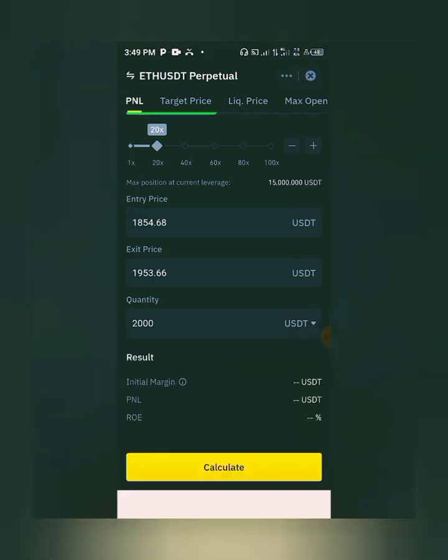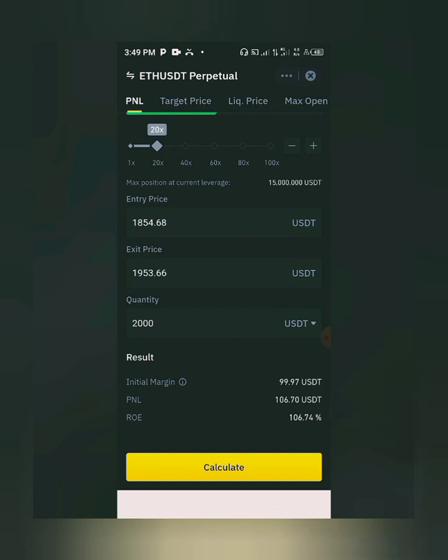Now after you have input this and you're comfortable the way it is, just click on calculate. Once we click on calculate, it's going to display the result here. You can see the initial margin, which is 99.97 USDT, approximately 100 USDT, the amount that we deposited. The PNL, the one we just calculated, is 106.70.